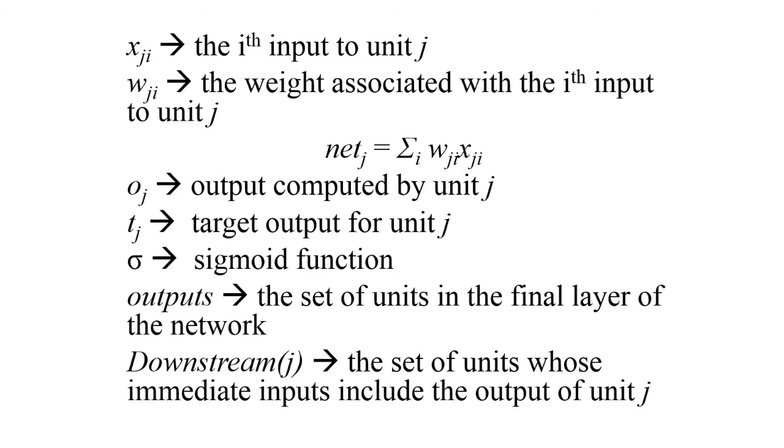Net_j means summation of w_ji into x_ji. It is the weighted sum of inputs for unit j. o_j is the output computed by unit j. t_j is the target output for unit j.